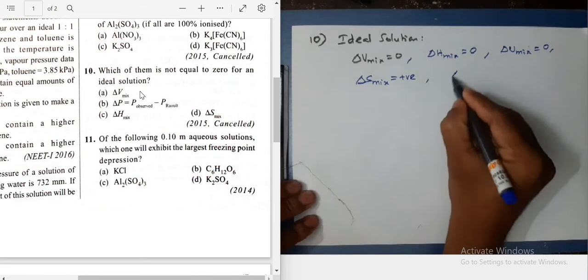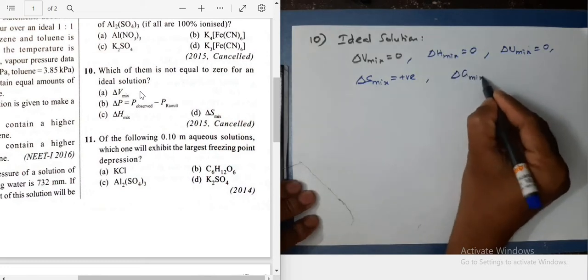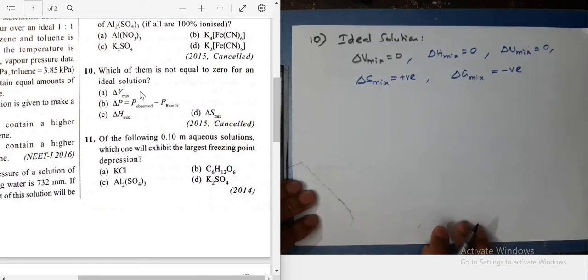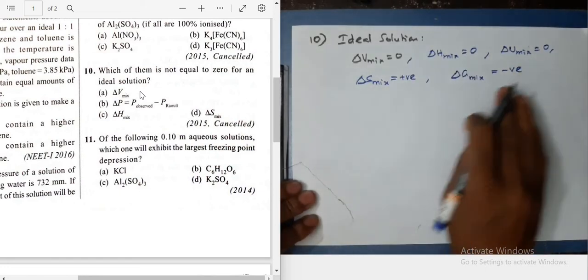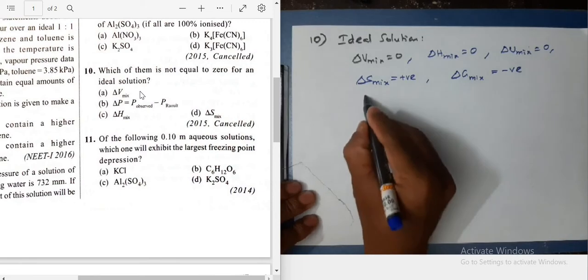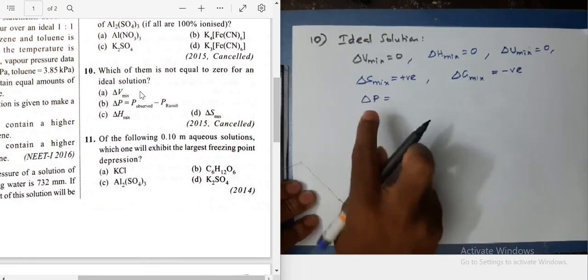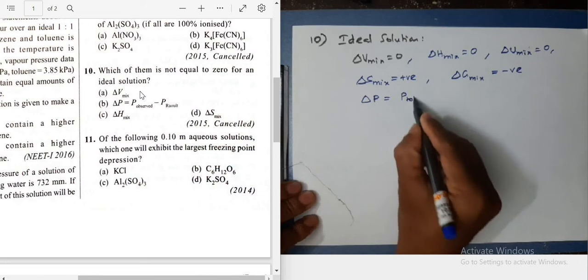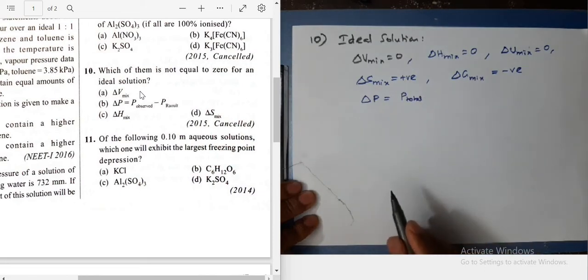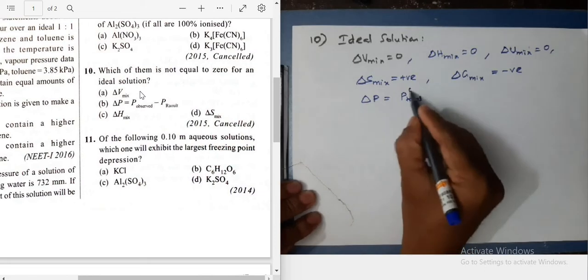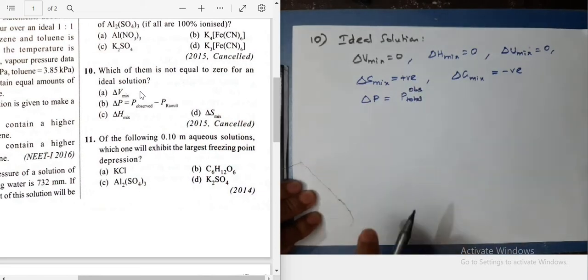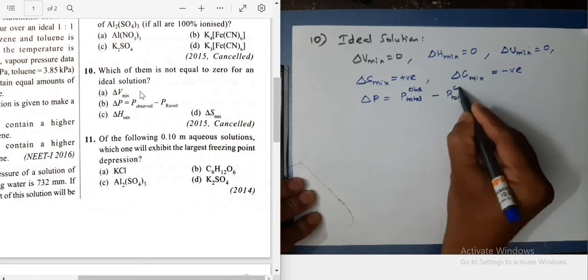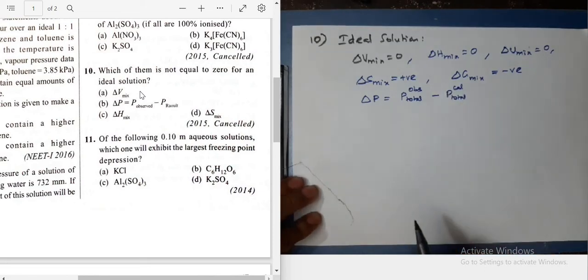And delta G mixing should be negative. Then only you will get a solution. For an ideal solution these things should be 0. Then delta P, what I referred to is nothing but the total pressure that is observed, that is experimental, minus the total pressure calculated using Raoult's law.